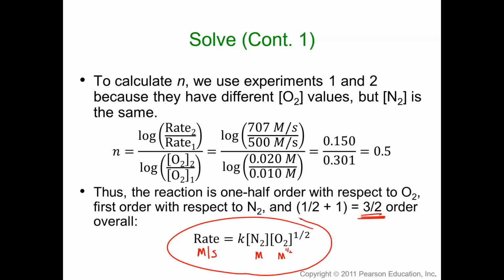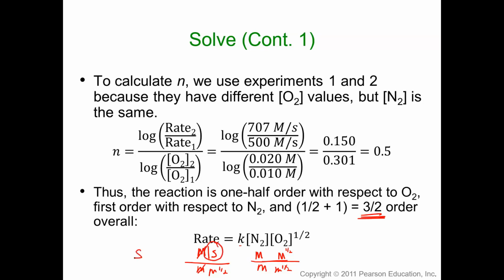I'm solving for k, so I'm going to divide this by molarity times molarity to the 1/2. Molarity over molarity times molarity to the 1/2. These two cancel out. And I end up with s to the -1, and this is on the bottom, so it's M to the -1/2. This is the same thing as 1 over s times M to the 1/2.